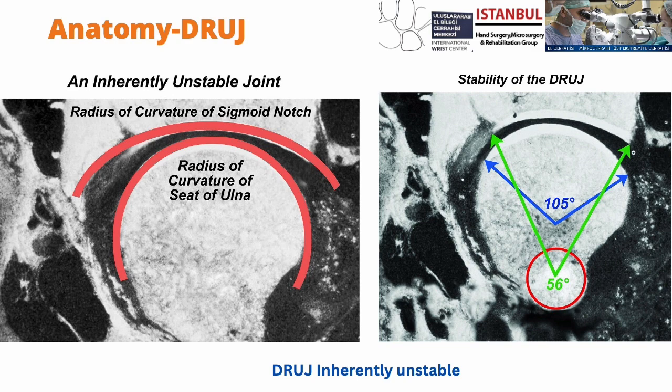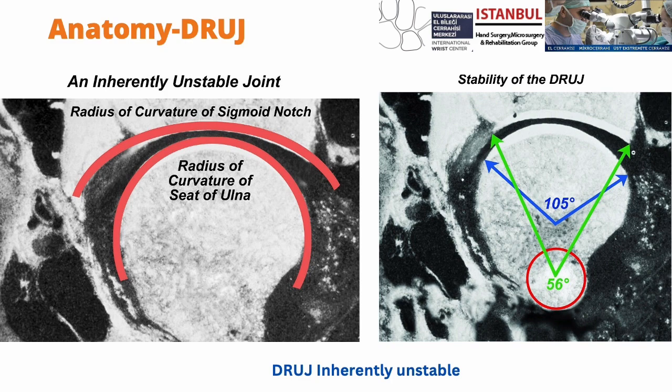However, these two bony components are inherently unstable because of the differences in the sigmoid notch radius of curvature and the ulnar head. The radius of curvature of the ulnar head is more rounded compared to the shallow radius of curvature in the sigmoid notch.